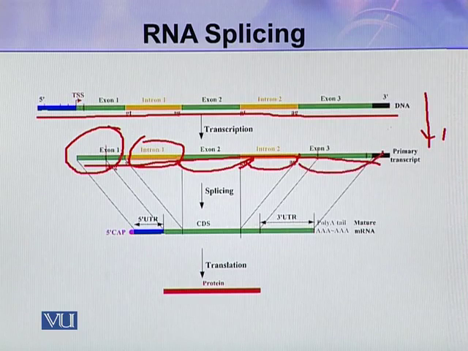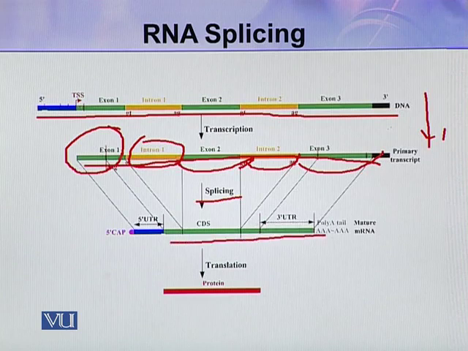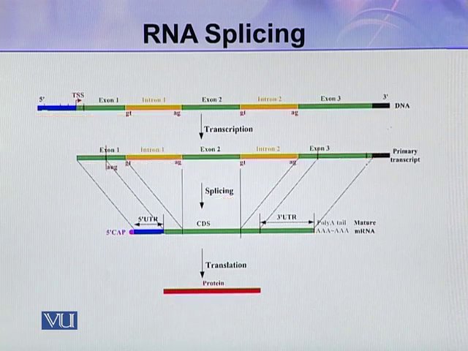After splicing, it becomes like this, and this long stretch is composed only of exons. There is no intron. And then this is translated into a protein. This is the structure of a eukaryotic gene.